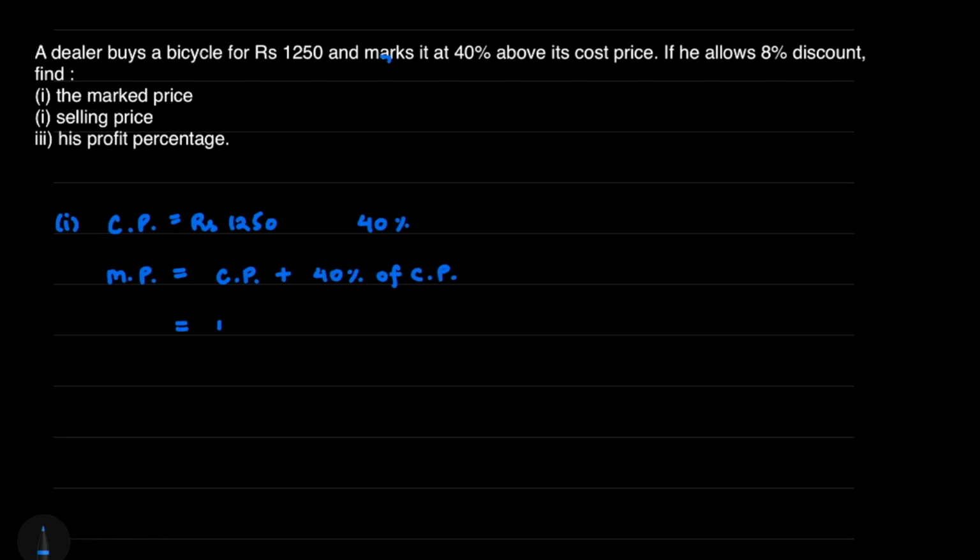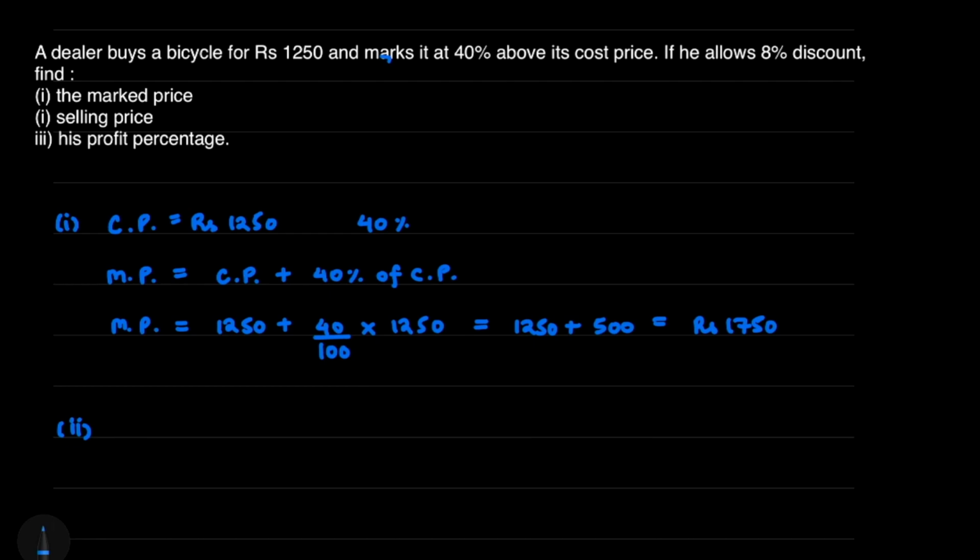So let's calculate this. This is 1,250 plus 40 over 100 into 1,250. And this comes out to be 1,250 plus 500, which gives us rupees 1,750. So that would be our marked price.